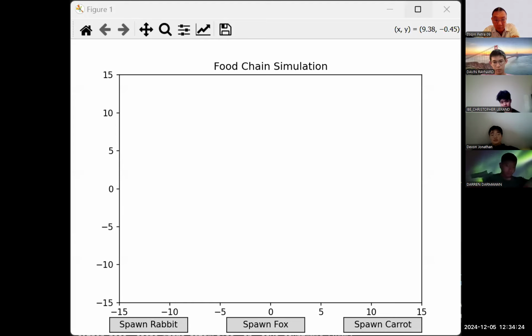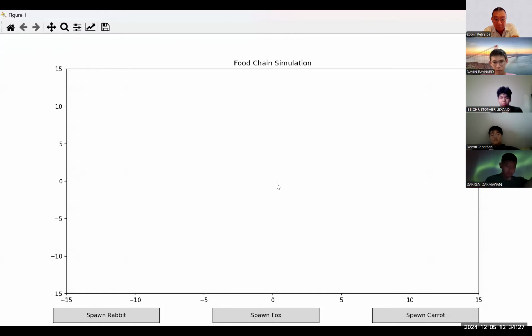Can you see this, sir? Okay, now let's just spawn a carrot first. Another one there. It will be in random places. And then the rabbit there.